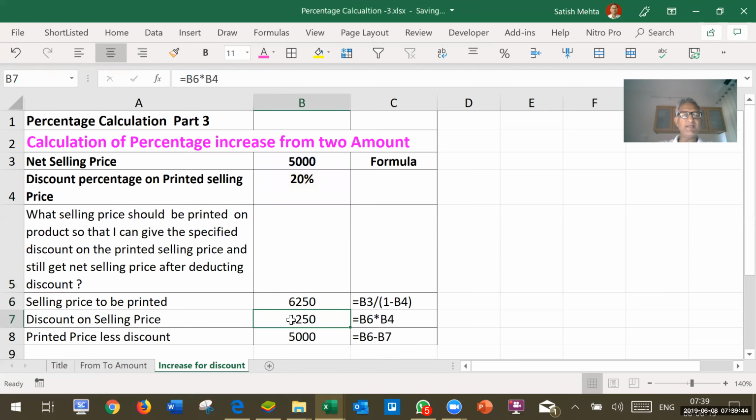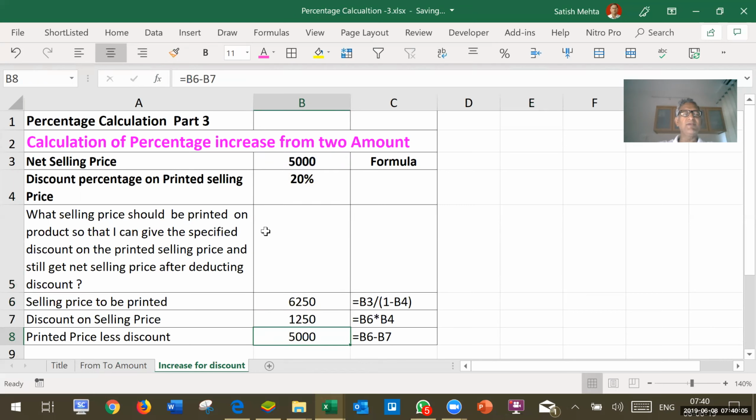Now on that selling price, I can calculate 20% by simply this formula and it gives me 1,250 discount. If I subtract 1,250 from 6,250, I get 5,000.